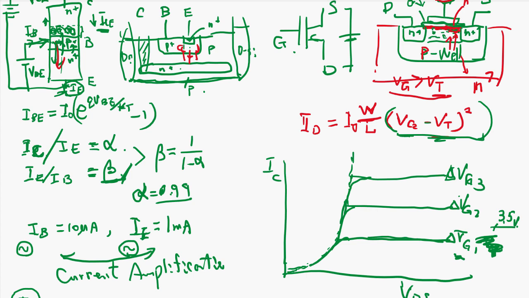That's a different color. How about this one? This way. Okay, so that's the IC here.